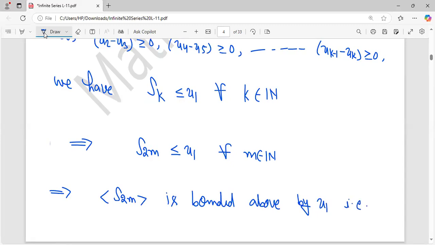It means u_1 is an upper bound for S_2m.